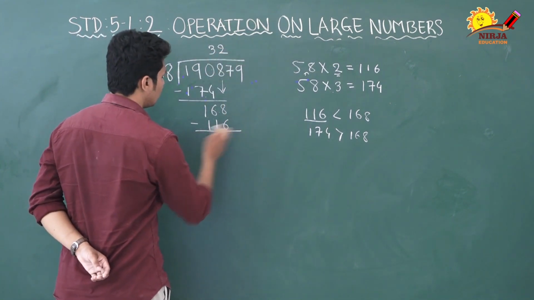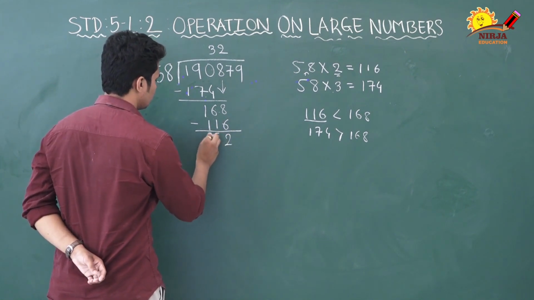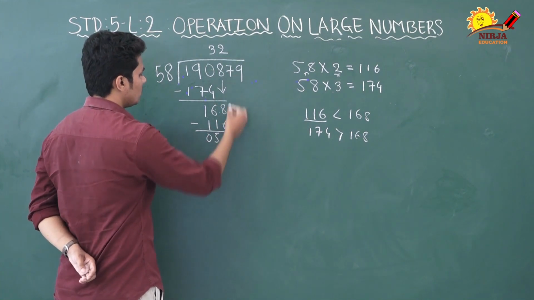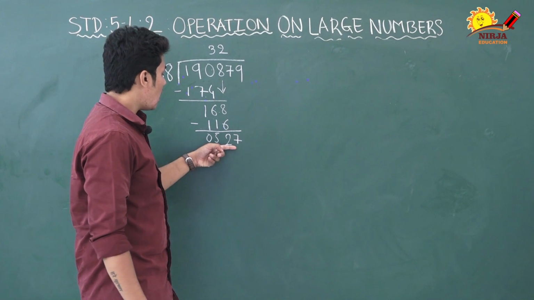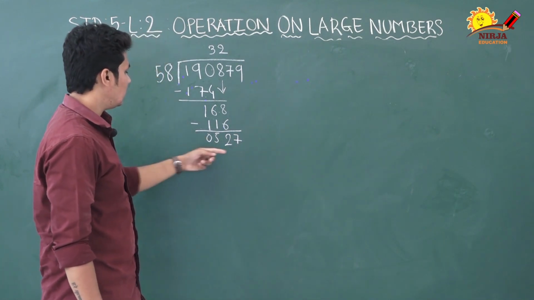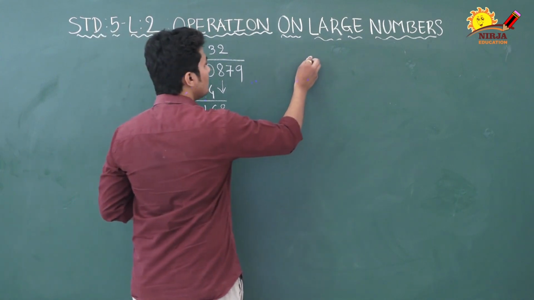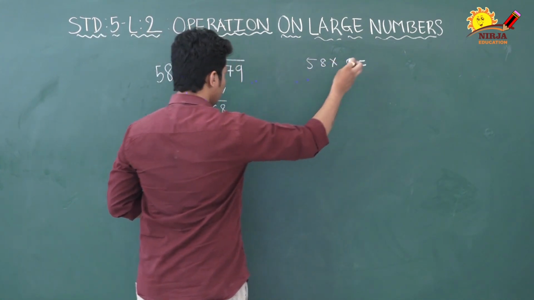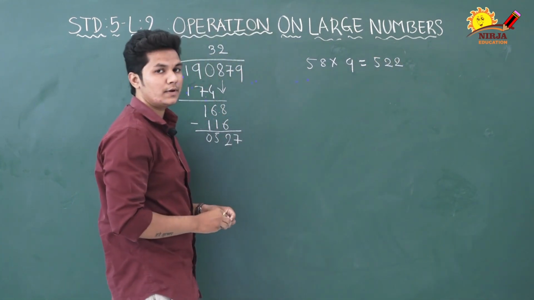So let's do subtraction. 2, 5, 0. Okay. Now let's bring down the next number here, which is 7. Now let's find out how many times 58 is in 527. So if we multiply 58 by 9, we get 522. Okay.